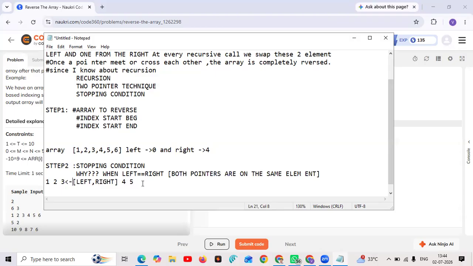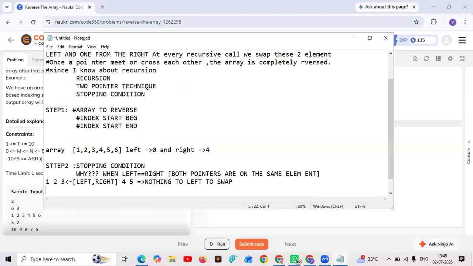My left pointer is at 3, and my right pointer is also at 3. That means they are pointing to the same index. So nothing is left to swap, and that's a very good point.